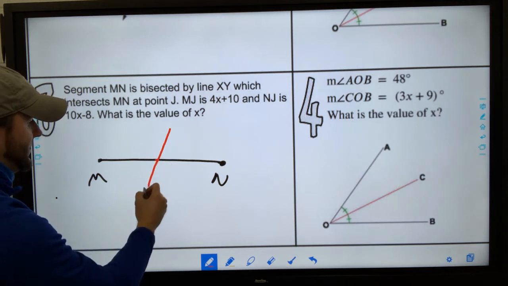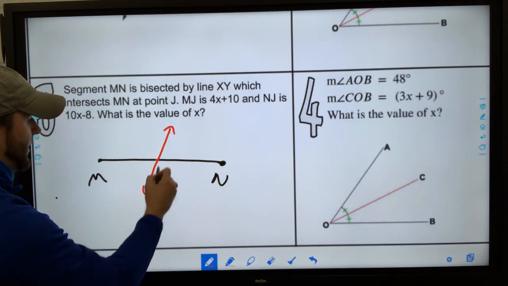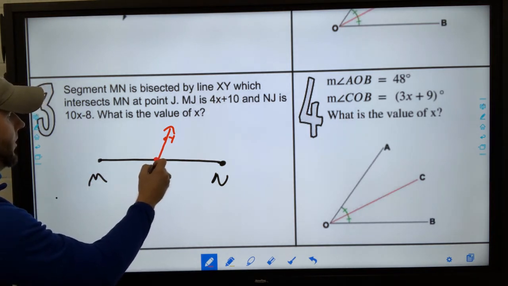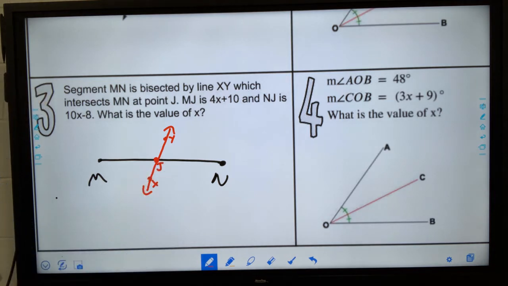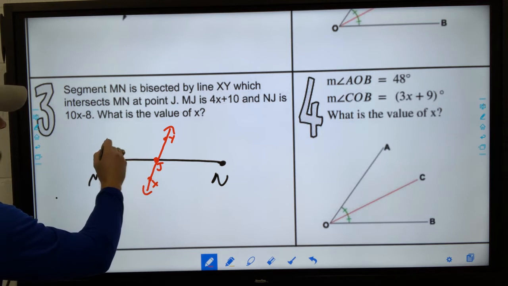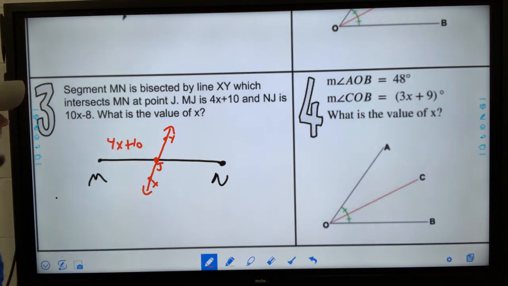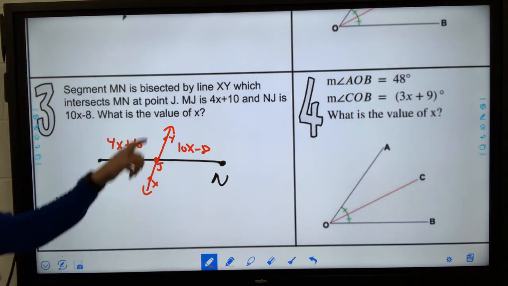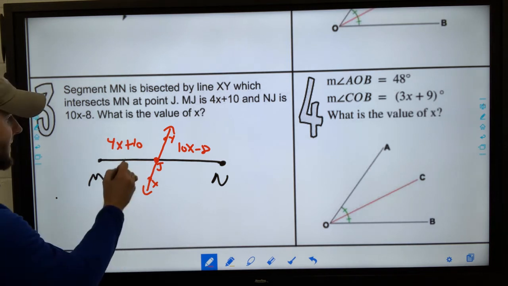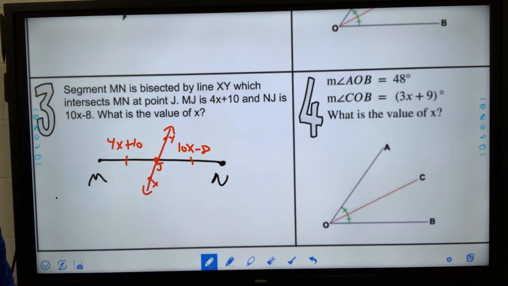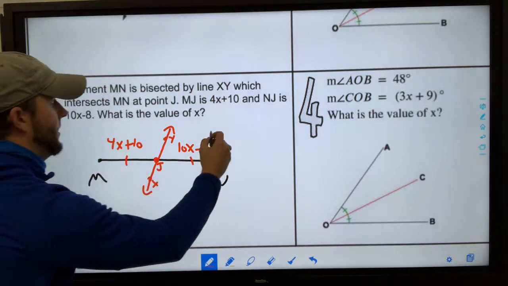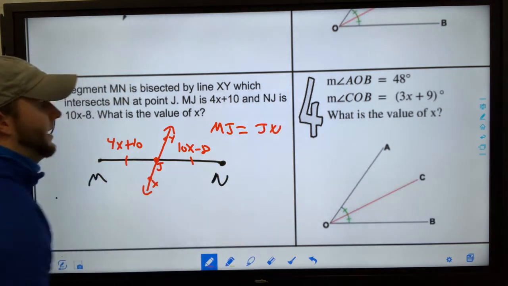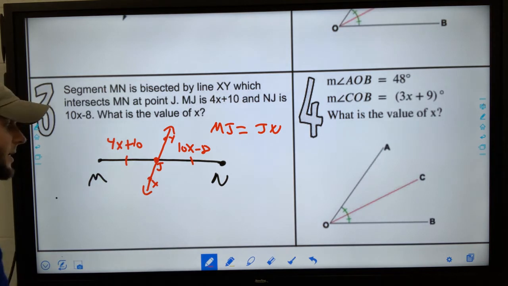It is being bisected by line XY, which intersects at point J. So MJ is 4x plus 10, and NJ is 10x minus 8. Since XY is bisecting that segment, this line is congruent to this line. So MJ is equal to JN. Now all I have to do is plug in both of those and solve for x. Let's do that down here.